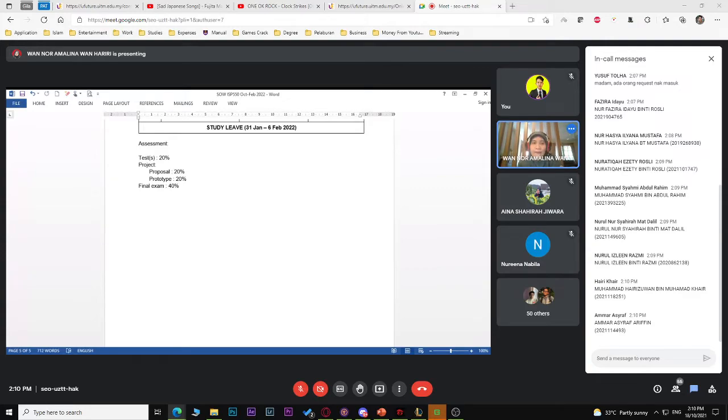And for the final exam, you will have a written assessment during the exam week, and that contributes 40%. So in total, 60% is individual assessment and 40% is group assessment.